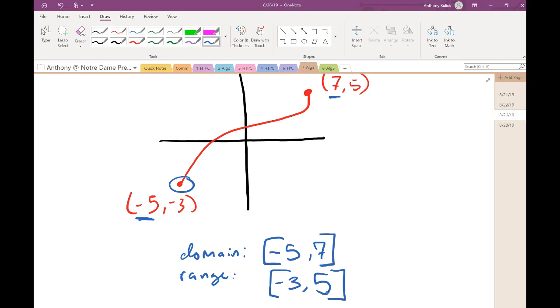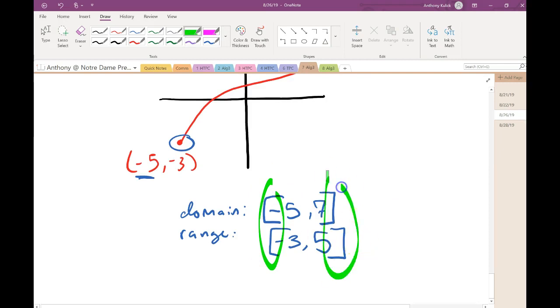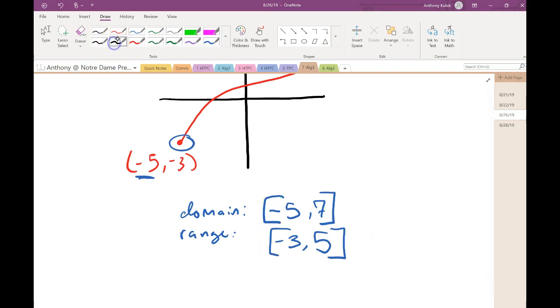Yes, the point on the graph, yes. And the other thing worth noting is that these should match. So if the first point was not included, it would have a parenthesis to start the domain and the range. So those typically would match. Let's do another example.